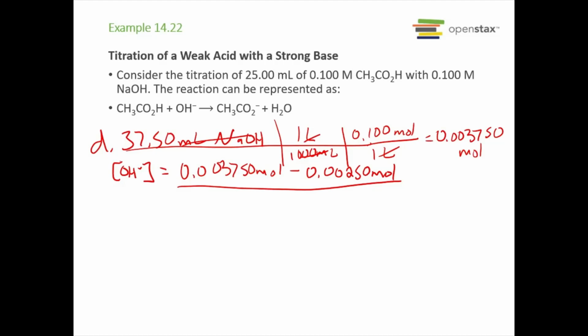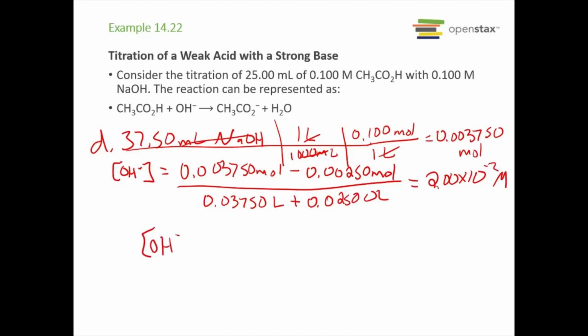Then divide that by our total volume in liters, which is 0.03750 liters plus 0.02500 liters, and that's 0.0625 liters. But when you punch all this into your calculator, then you get an OH concentration of 2.00 times 10 to the negative second molar.